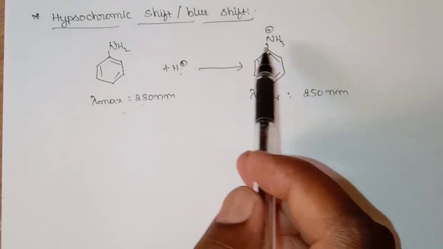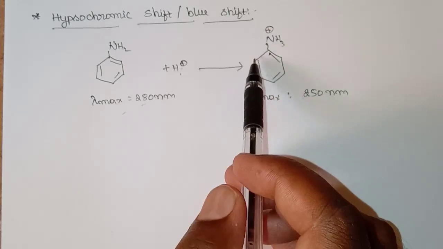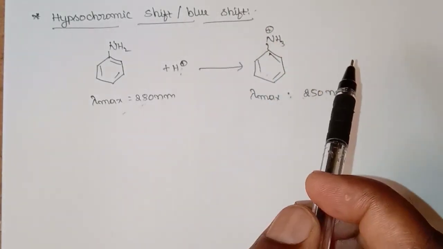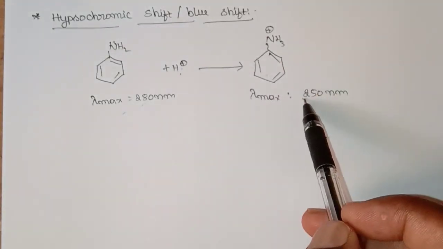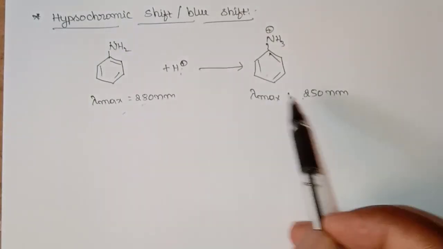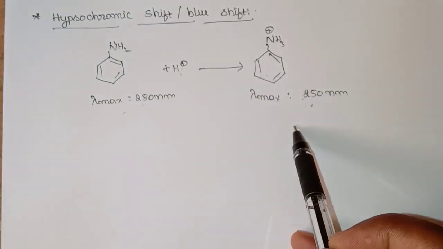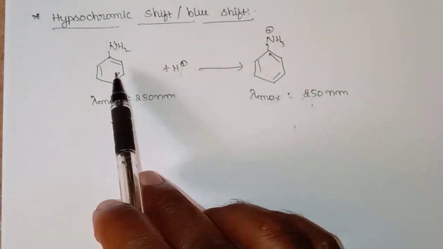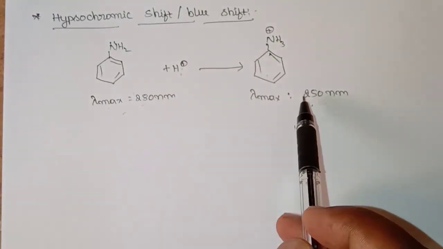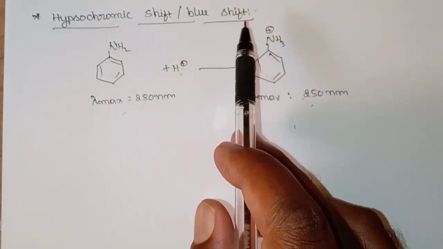Therefore, there is a loss of resonance of benzene with the lone pair. The decrease in conjugation and resonance reduces the absorption maximum, which can be observed from the lambda max values for aniline and the anilinium ion. So the shift in the lambda max value towards the lower wavelength side is simply called hypsochromic shift or blue shift.